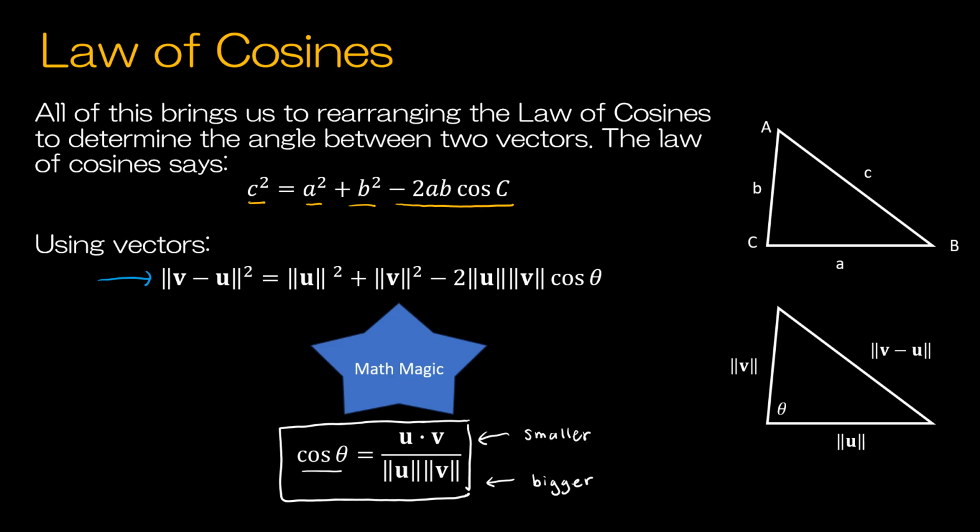Because to solve for cosine of theta, I need this ratio to be less than or equal to 1. So this is smaller or equal to, bigger or equal to, and that's why this is going to work. If you're into being a dork and wondering how this became this, stick with me. We're going to do that right now.